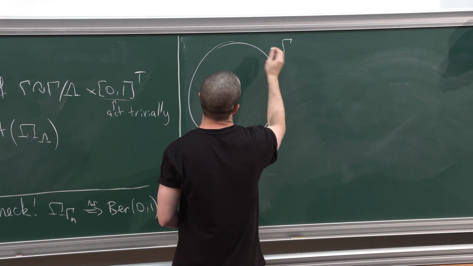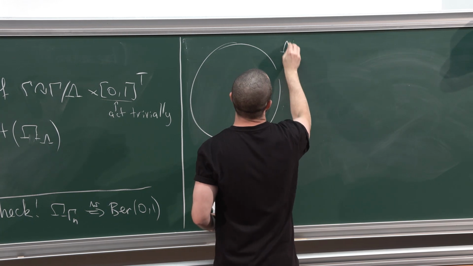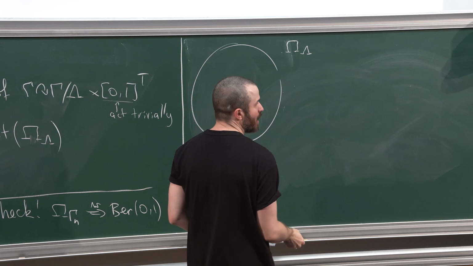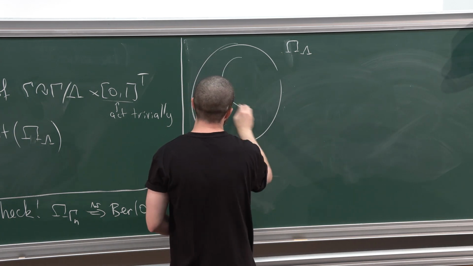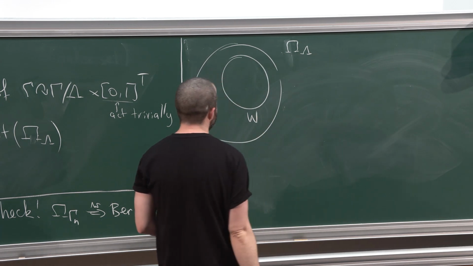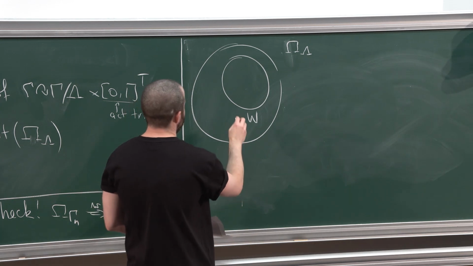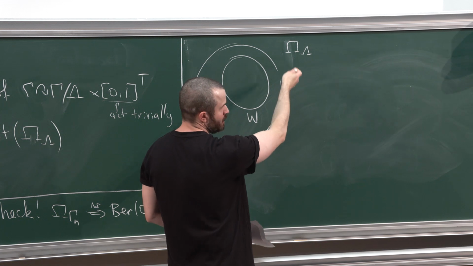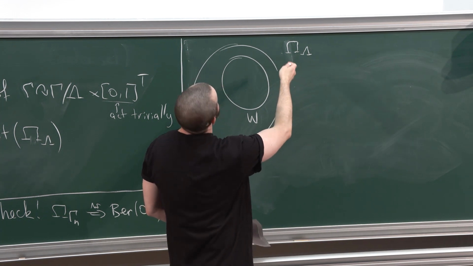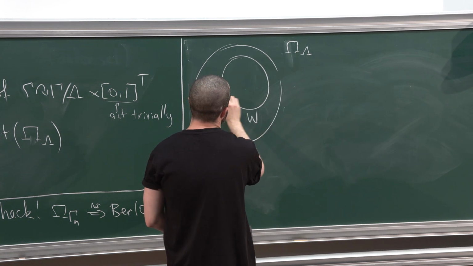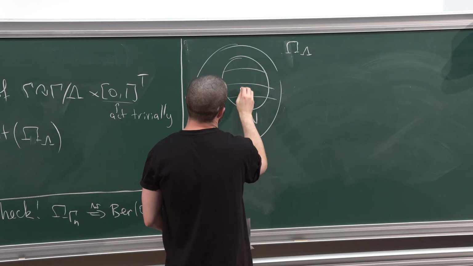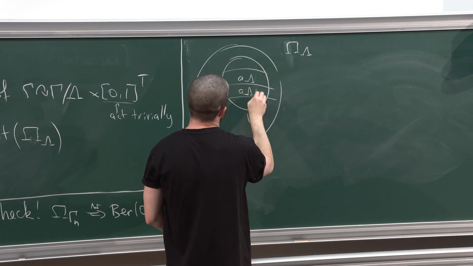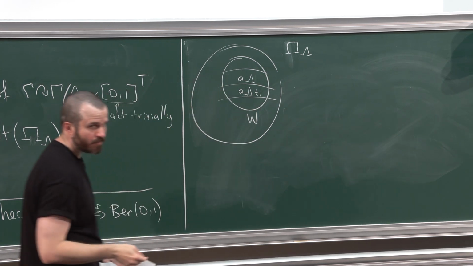If I'm looking at this pi lambda, so it's a random coloring of gamma, and I observe it in some finite window, this window intersects the cosets of the randomly chosen coset, that's a lambda. And it intersects it in some sort of way. So this is maybe a lambda, this is maybe a lambda t1, et cetera, et cetera.